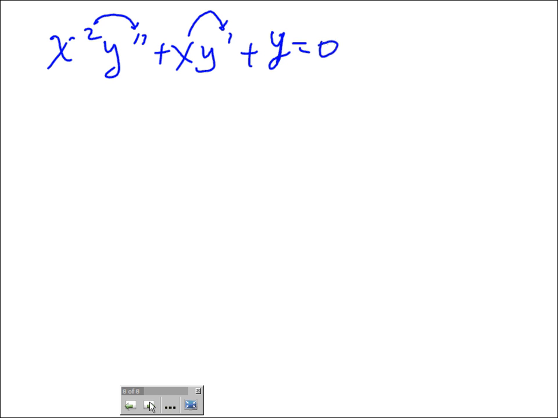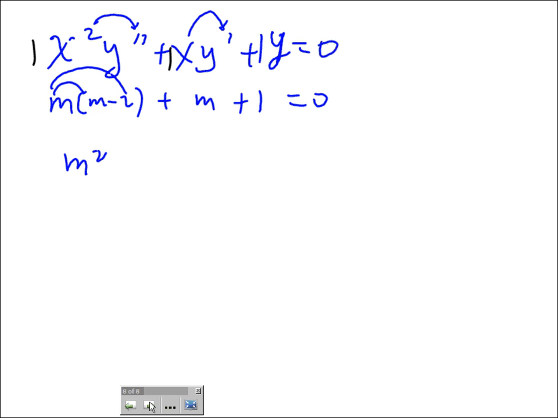So we're going to have two numbers, m times m minus 2, plus just one number, plus the understood 1. There's all understood 1's in front. And this is equal to 0. So you have m squared minus 2m plus 1m, that's minus m, plus 1 equal to 0. Strike the 1.